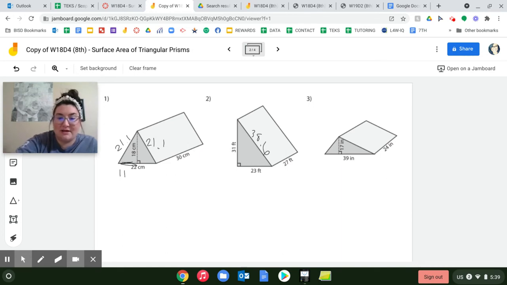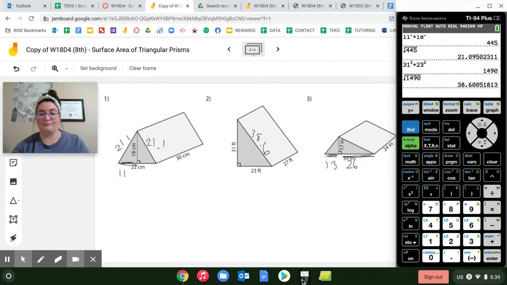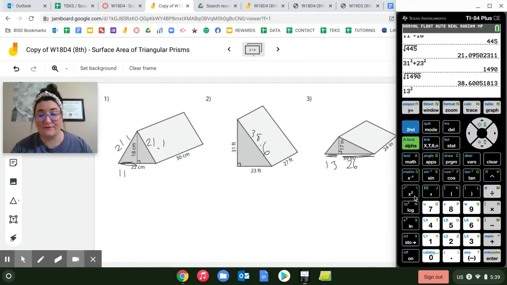I'm going to say that this length of 39, let's say that this portion is 13 and that this portion is 26. So that we could do 17 squared plus 26 squared to get this one. And then over here we can do 17 squared plus 13 squared to get this one. See how this is a lot of steps? We haven't even started solving for surface area yet.